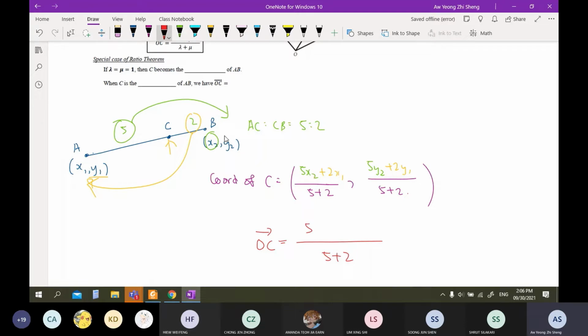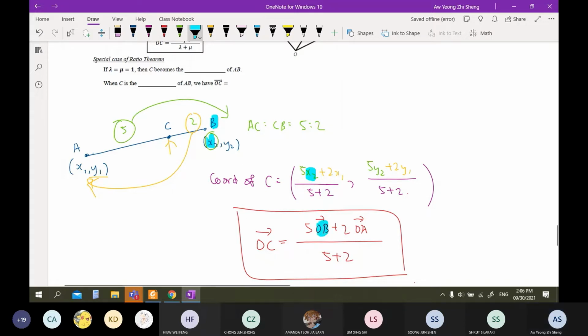Then x2 will be replaced by OB. x1 will be replaced by OA. Then done. This will be the formula for the ratio theorem. It has a similar form. x2 corresponds with point B. x1 corresponds with point A. This is actually a correct formula.